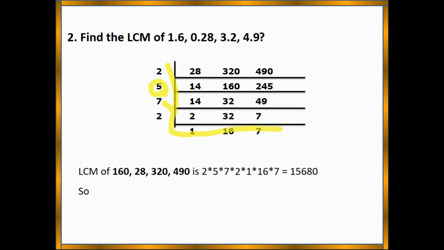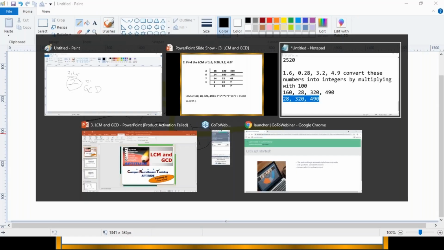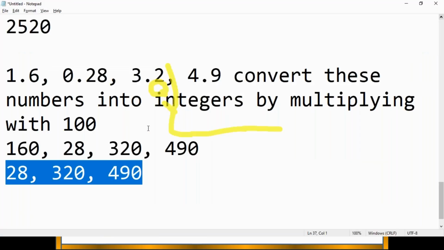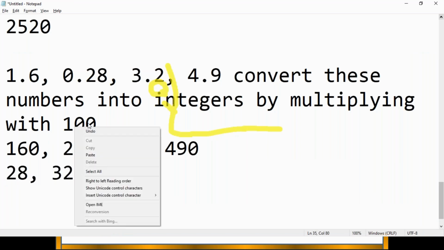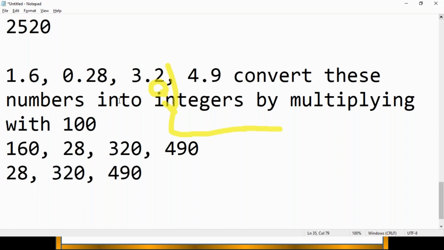But we need to get the LCM for the decimal numbers. So initially, what did we do? Multiply with 100. At the end of the calculation, you just have to divide it by 100.